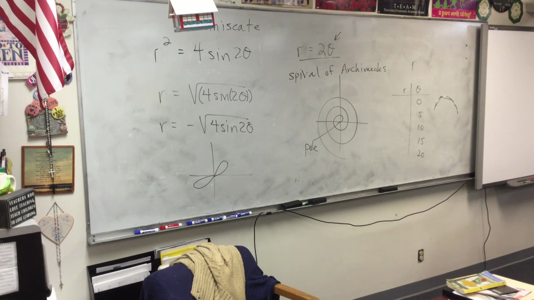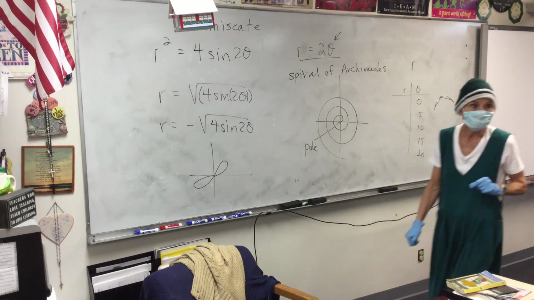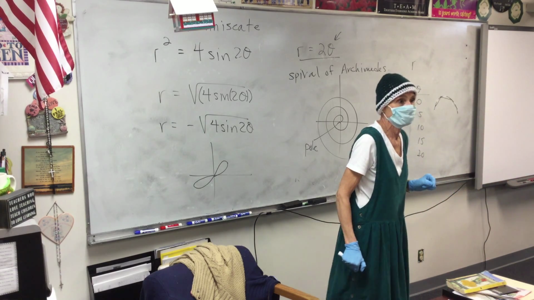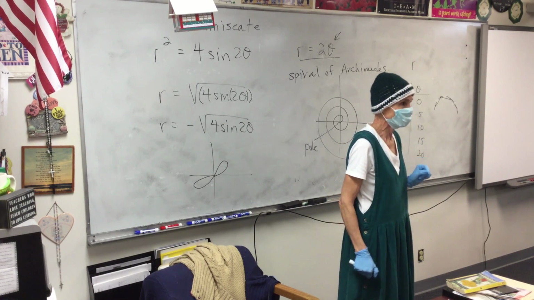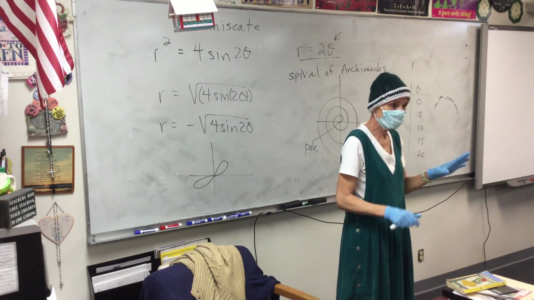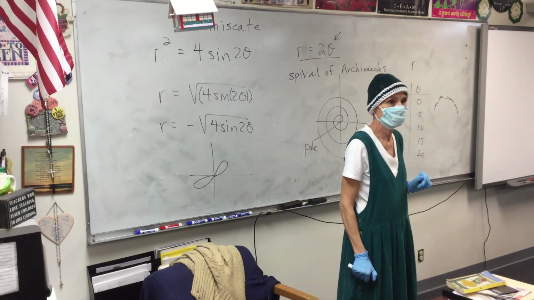You're going to get a zillion points, and it's going to be a beautiful picture. The downside is it is plotting a lot of points, and it's going to take forever. So that is why I suggest, if you are in radians, 0.1 is fine. 0.1 gives you a good picture and not too much time.